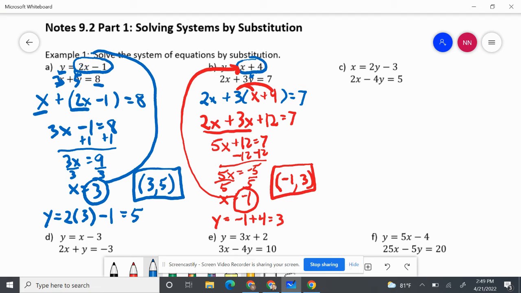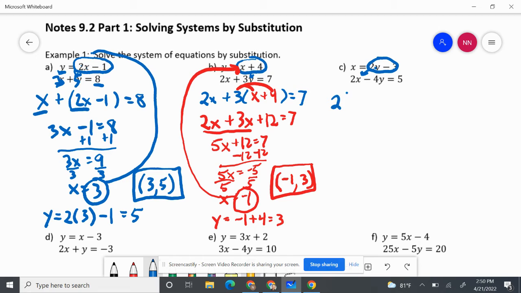Now, looking at our next equation. This time, x is equal to the expression 2y plus 3. So what we're going to do is take that expression right there and replace the x with it this time, because that's what x is equal to.